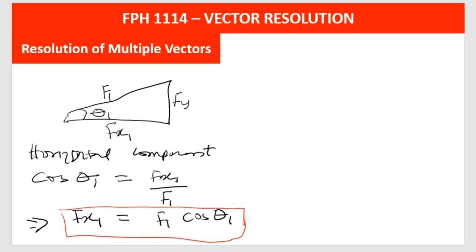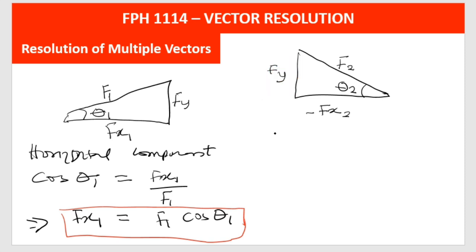Now we can also move on from here. We can also sketch for the second quadrant this way. We have it drawn in this direction. So this is our theta 2. Remember, on the second quadrant, x is supposed to be negative. So we have Fx2 minus. So here we have our F2. Remember, this is still supposed to become our Fy. So at this point, we have cos theta 2 is equal to adjacent, which is minus Fx2, divided by F2.